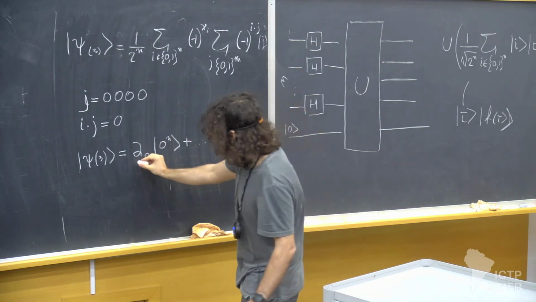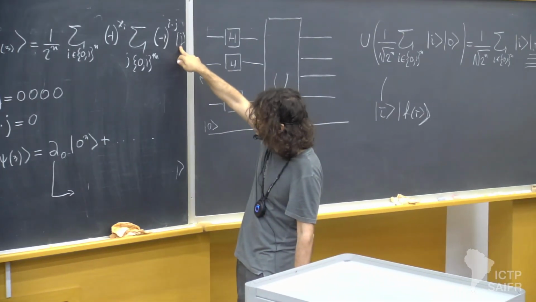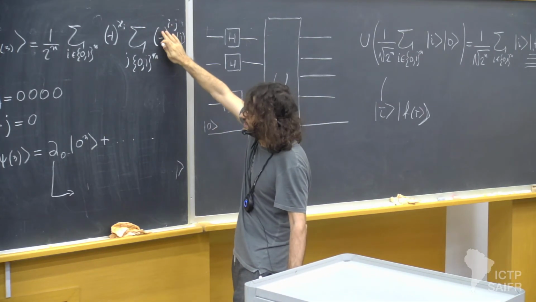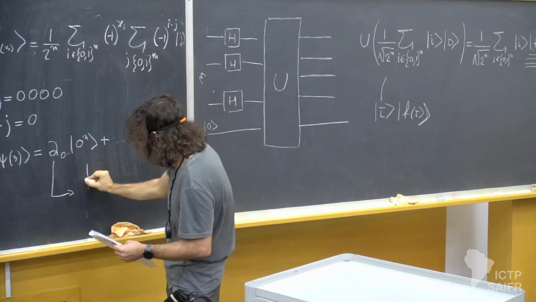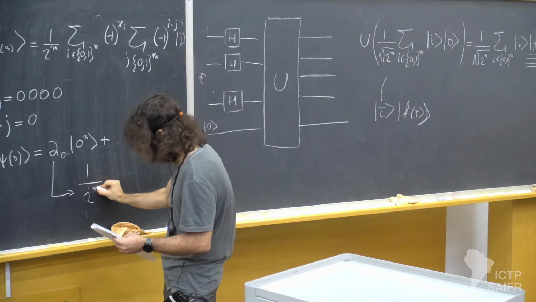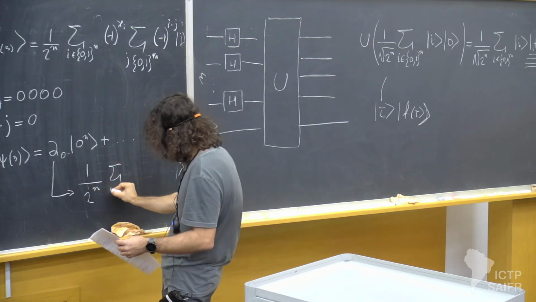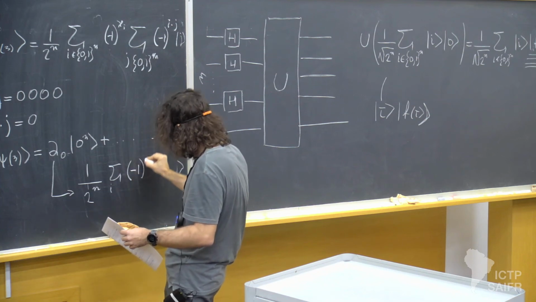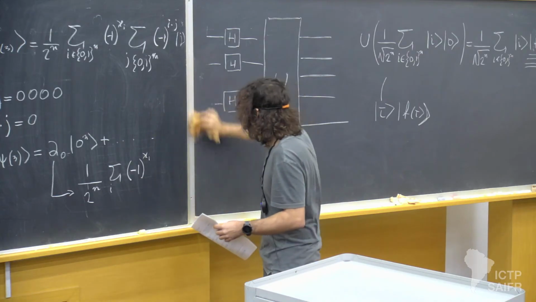I can easily compute this, because for j equal to 0 this becomes 1, so alpha_0 is simply 1 over 2^n summation over i of (-1)^{x_i}. And now I notice the miracle.